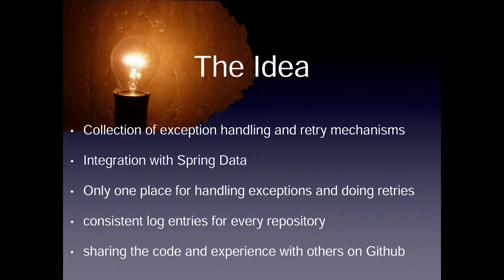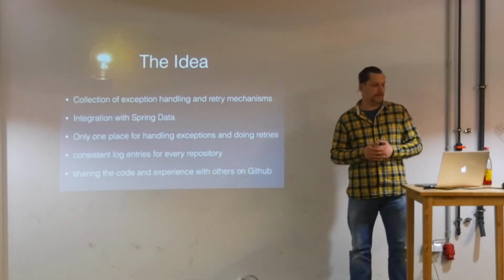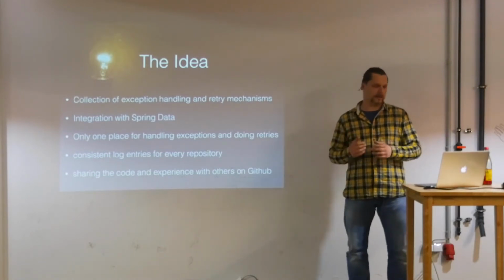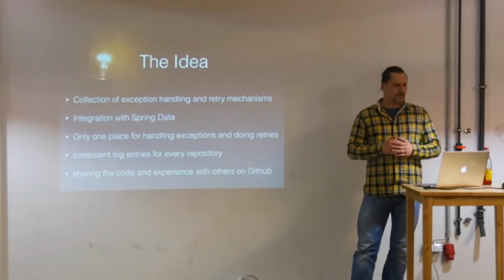So the idea was to collect all these exception and retry mechanisms we had written in the past for the old legacy repositories and put everything in a base class. So, the classic way. That was working okay.